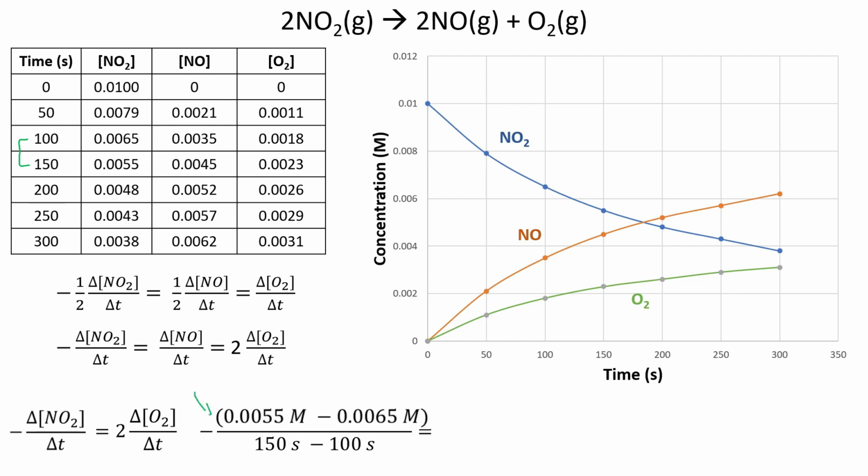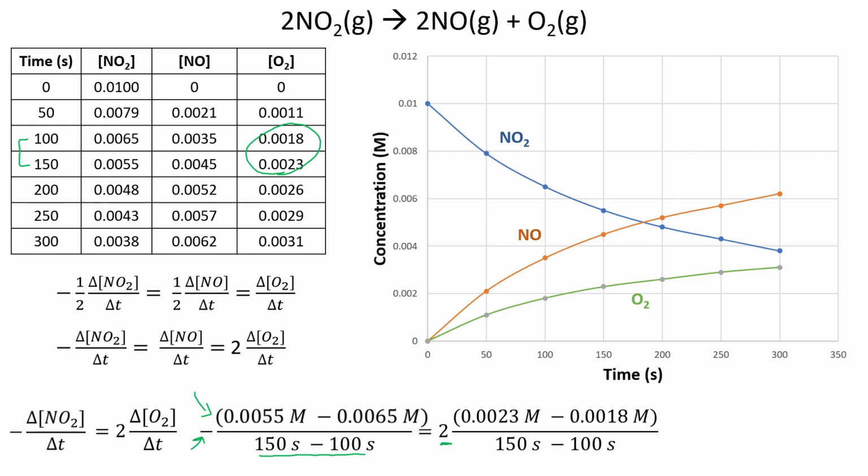My numerator here for nitrogen dioxide is going to be my 0.0055 minus my 0.0065. Again, final minus initial. And of course, my delta T is 150 minus 100. Don't forget to add in that negative. Don't drop that negative. For my oxygen, of course, I'm going to keep my factor of 2 here. And here are my 2 numbers here.